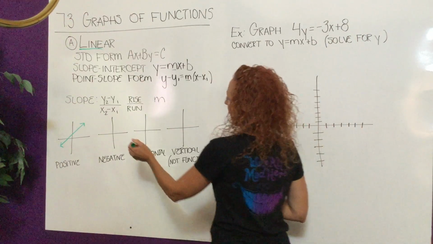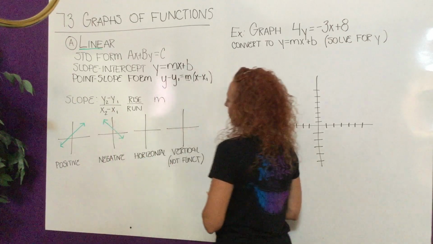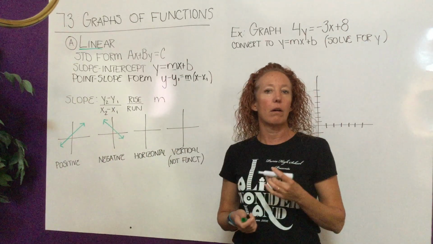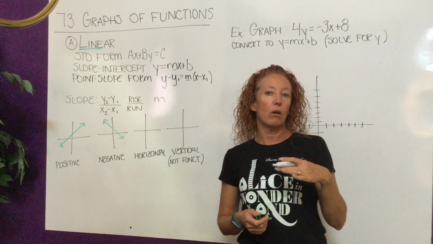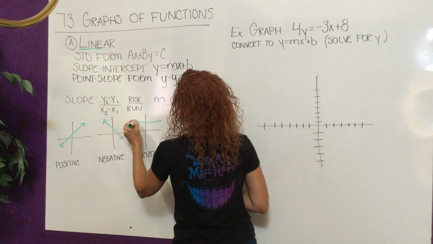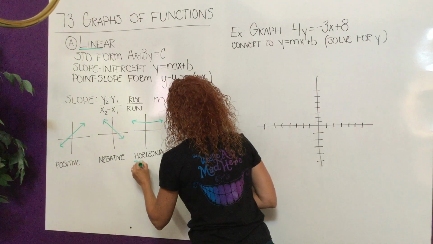If we have a negative slope, it looks like it's going down when we read from left to right. If we are driving along a flat road with no slope at all, no incline, we would have just a flat road, and so we would say we have zero slope.